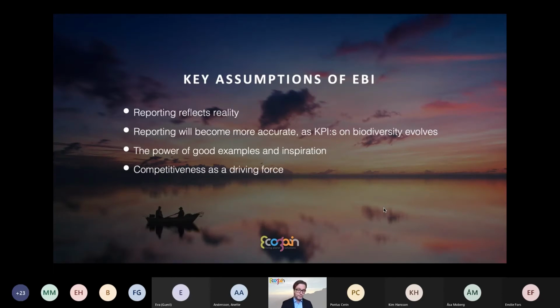And obviously we have some key assumptions of EBI, and one is that reporting reflects reality.